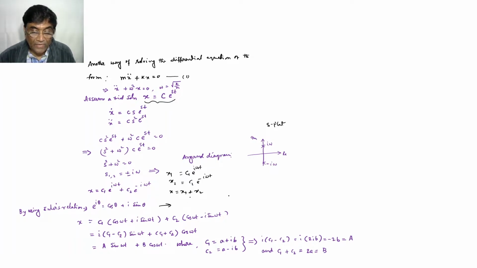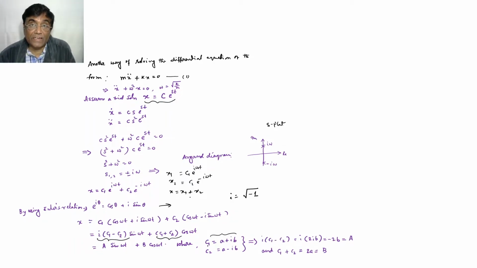i equals root over minus 1, it is a complex quantity. So we get i times (c1 minus c2) sine omega t plus (c1 plus c2) cosine omega t. In place of the first coefficient I am writing A sine omega t, and in place of the second I am writing B cosine omega t, where c1 equals A plus iB and c2 equals A minus iB.